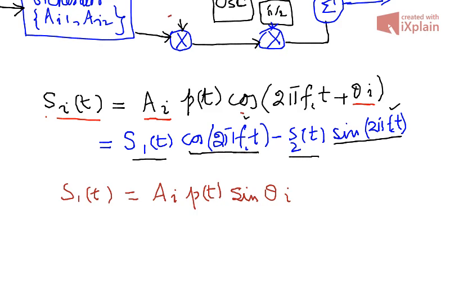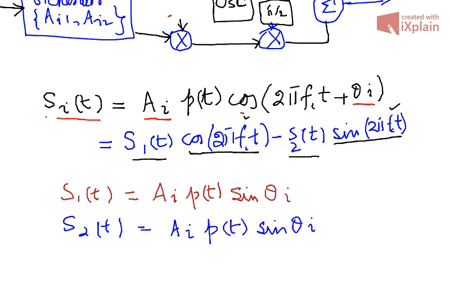If you closely observe, by comparing with the above equation, this is your s1 of t: A_i p of t times the trigonometric term of theta_i. Similarly, you can rewrite your s2 of t from the above equation as A_i p of t and sine theta_i.